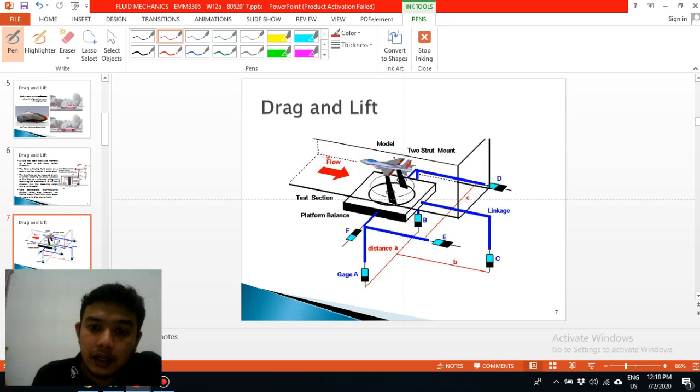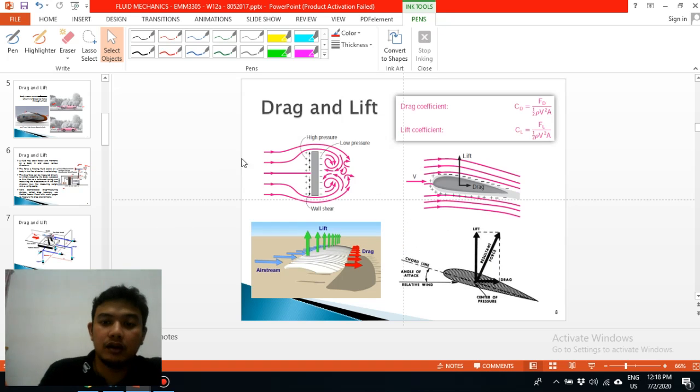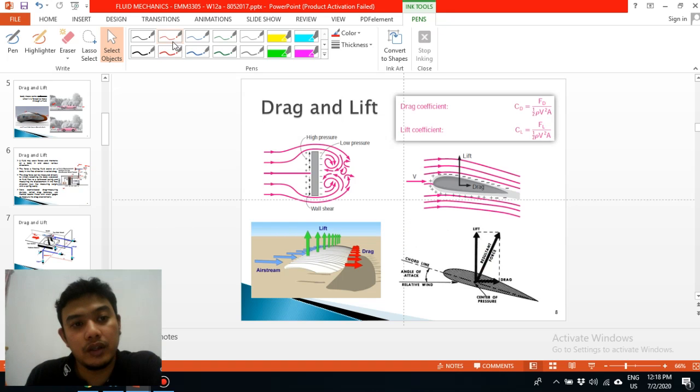The moment there is any movement of the model, it will give us the result based on the strain gauge. From the strain gauge distance, we can calculate the drag and also the lift. In this slide we can see the effect of lift and drag.